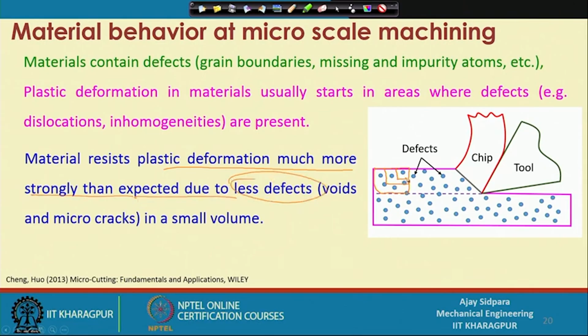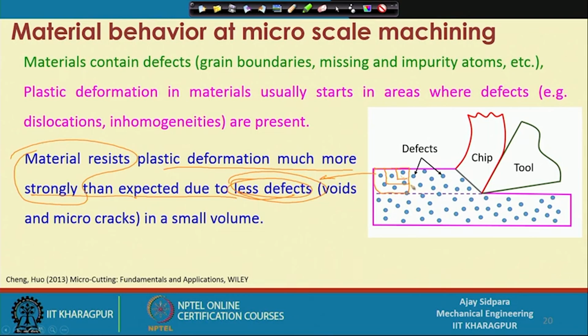Now, we reduce the scale, your defect level is very low, that means voids, cracks, whatever is there, are in small volume. If defects are fewer, what will happen? The material will behave strongly. So, you have to apply more force here for cutting this material. This is the problem in this particular case.